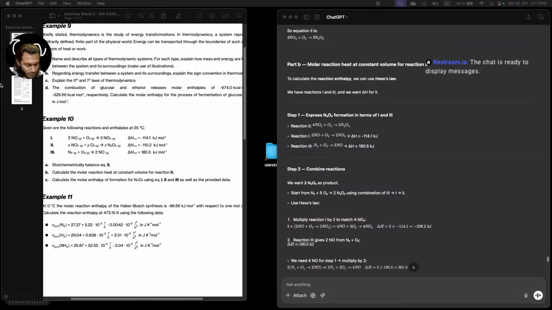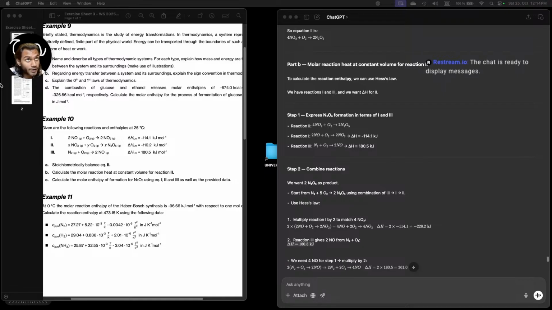So the reactions are 2 times NO gas plus O2 gas gives 2 times NO2 gas, enthalpy of formation minus 114.1 kilojoules per mole.